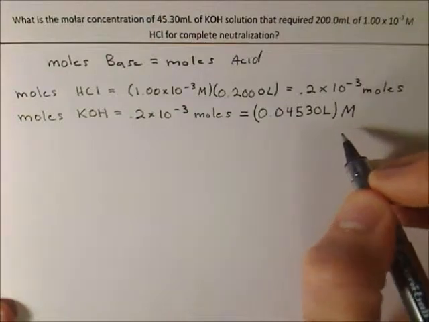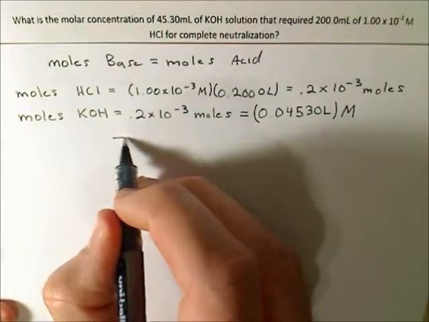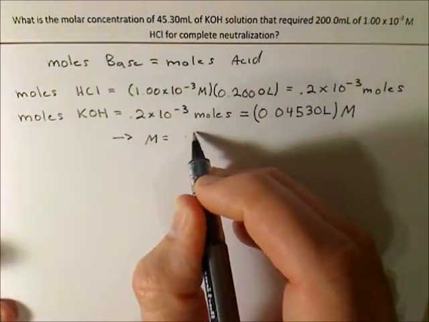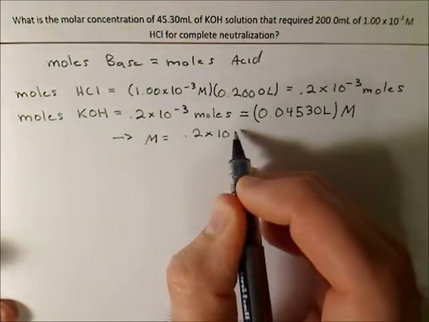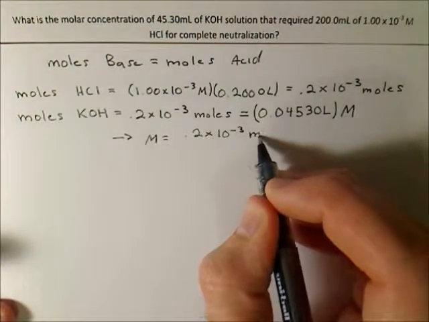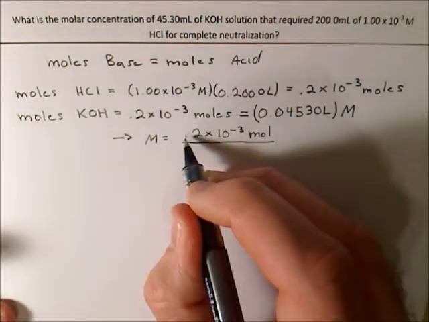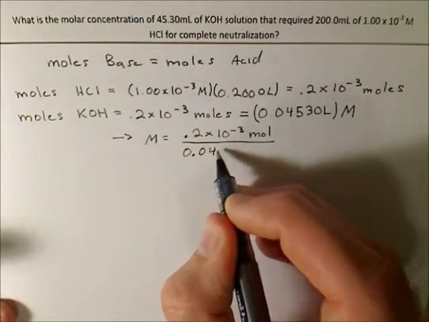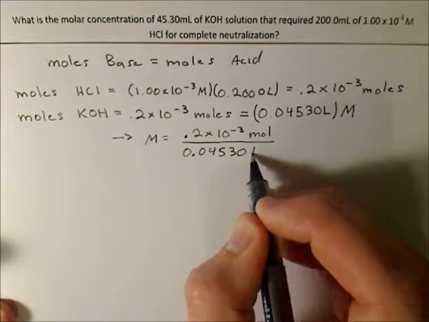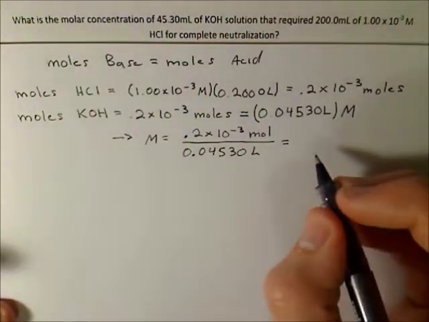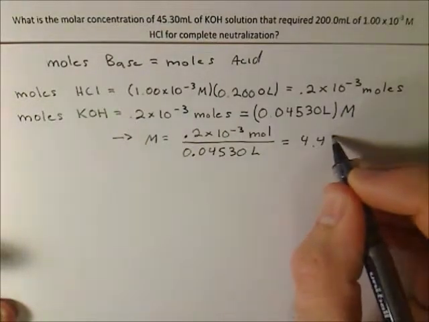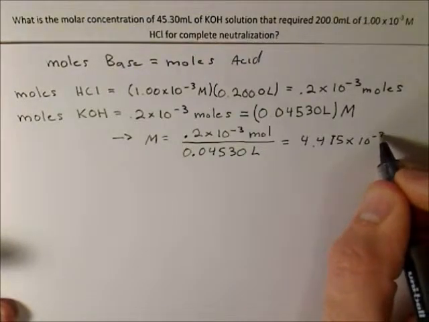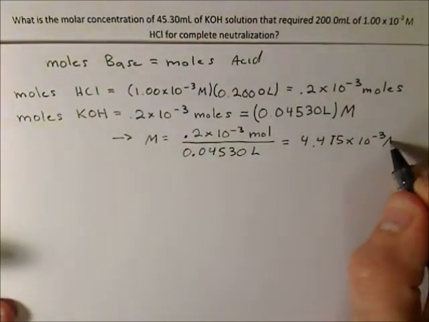Molarity times liters is going to give us moles. So now let's solve for the molarity. And that should give us 4.415 times 10 to the negative third molar.